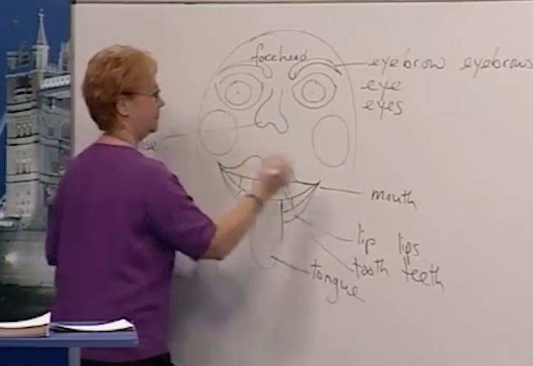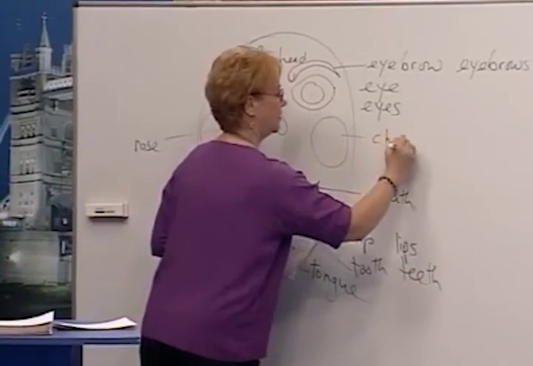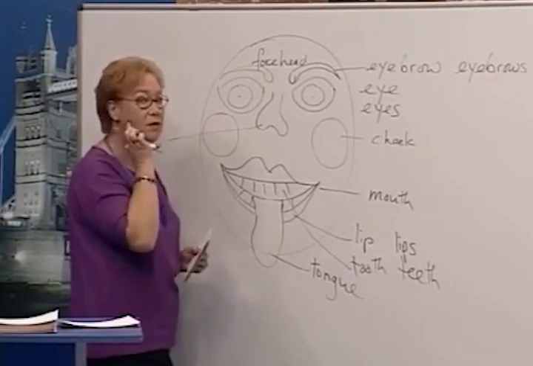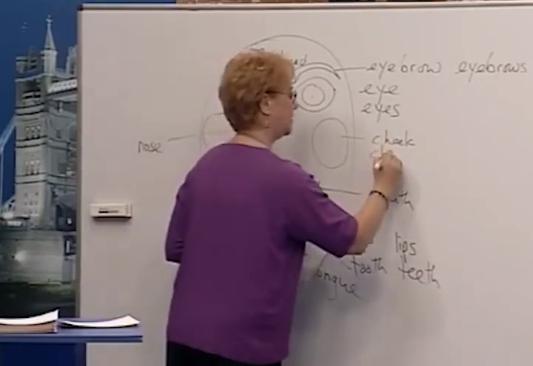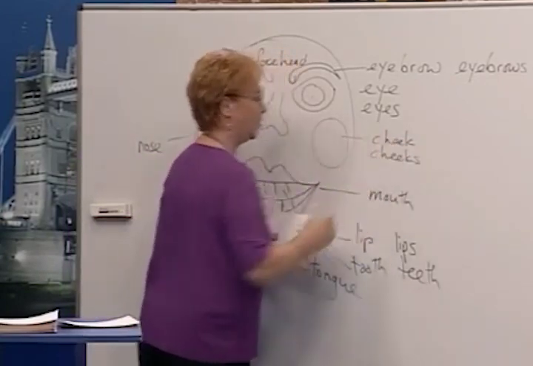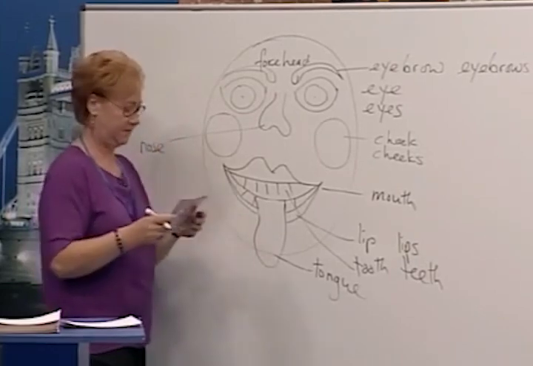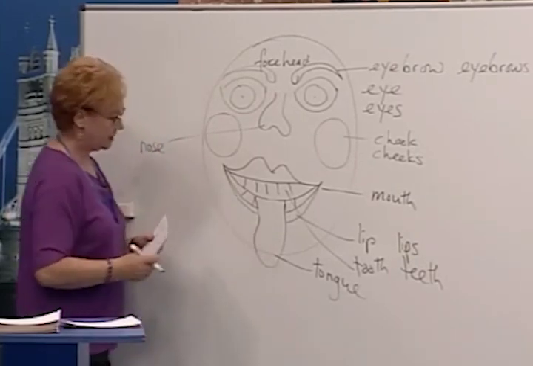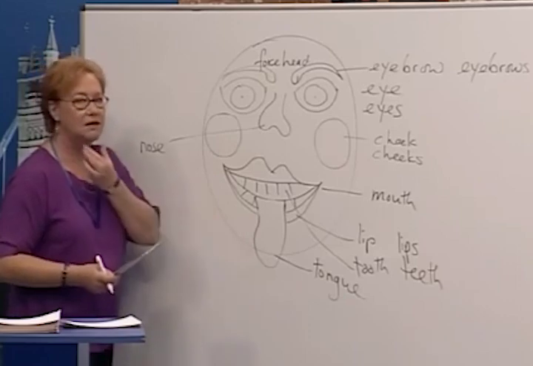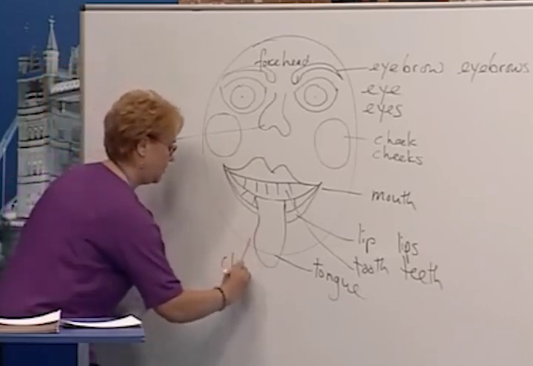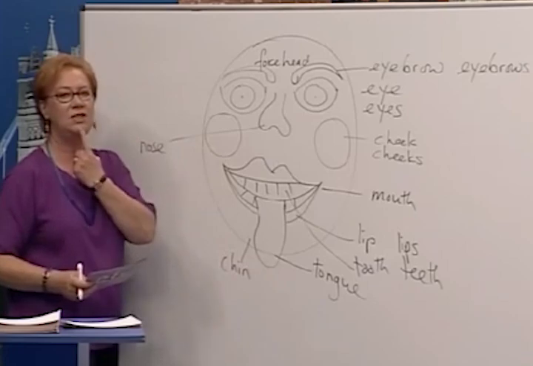Cheek. One cheek, two cheeks. Okay? Cheek and cheeks. Next, we have the chin. The chin. We have one chin.